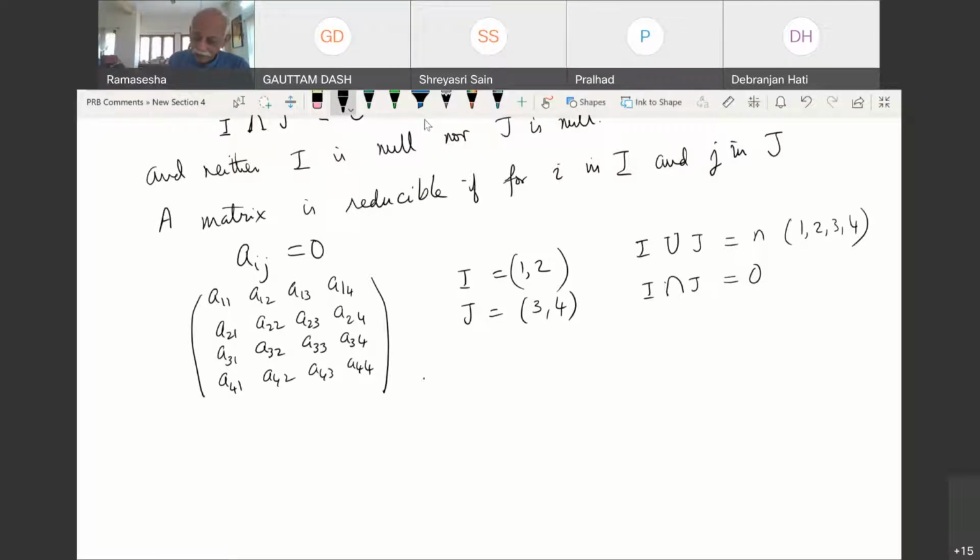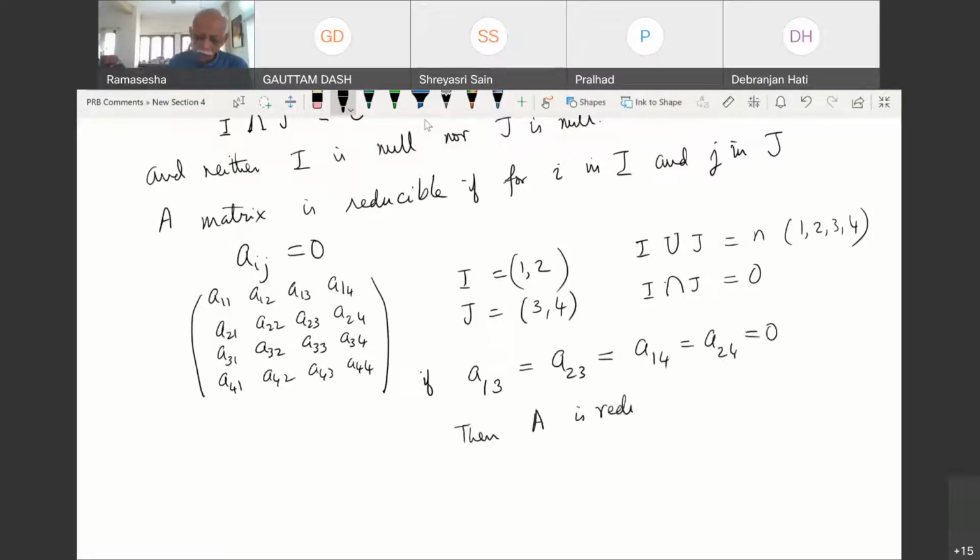So what does it mean? It means that if A13 equal to A23 equal to A14 equal to A24 equal to 0, then A is reducible.